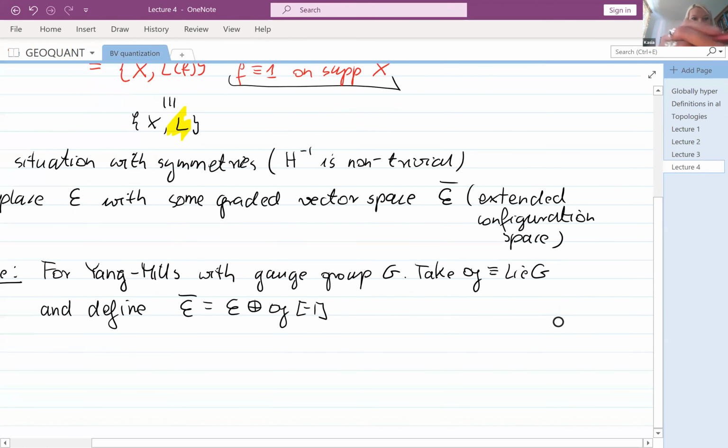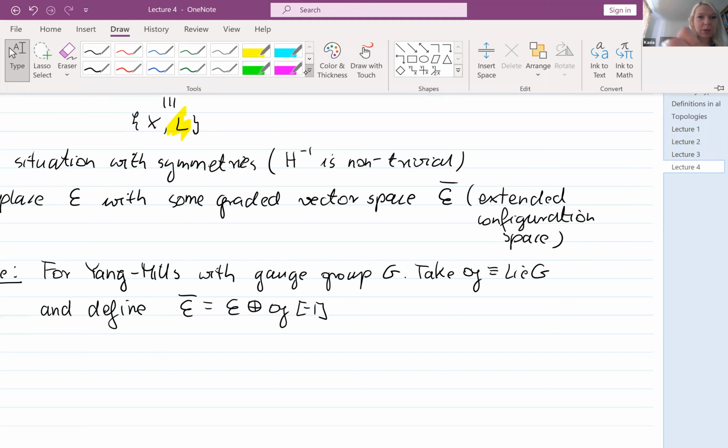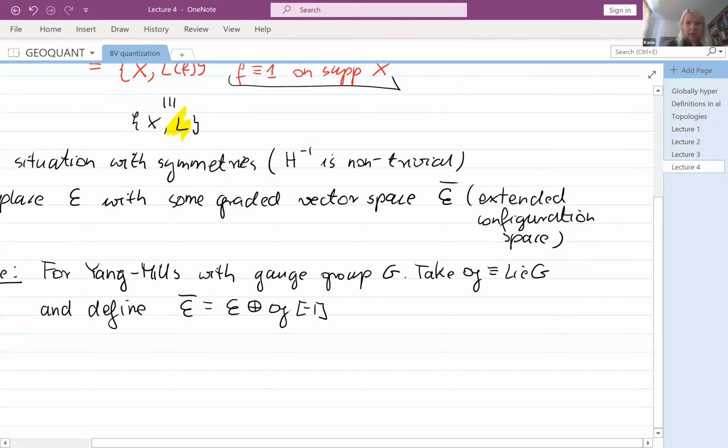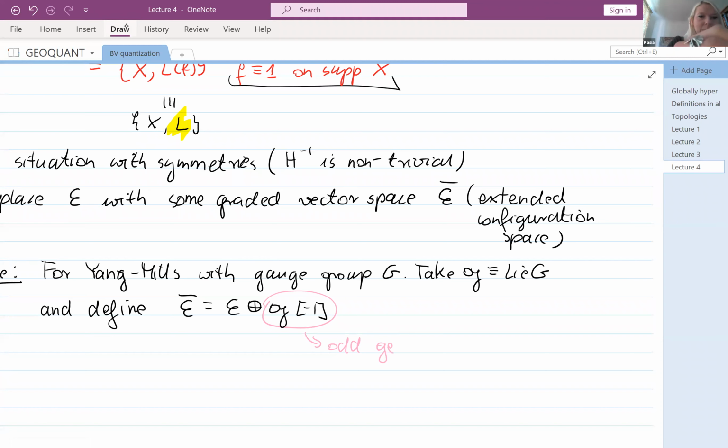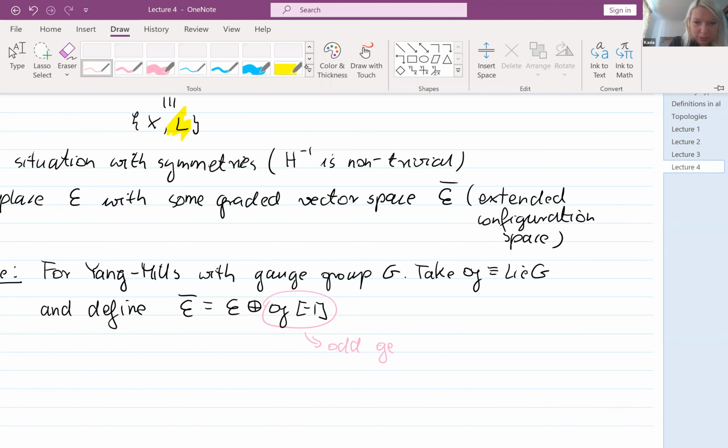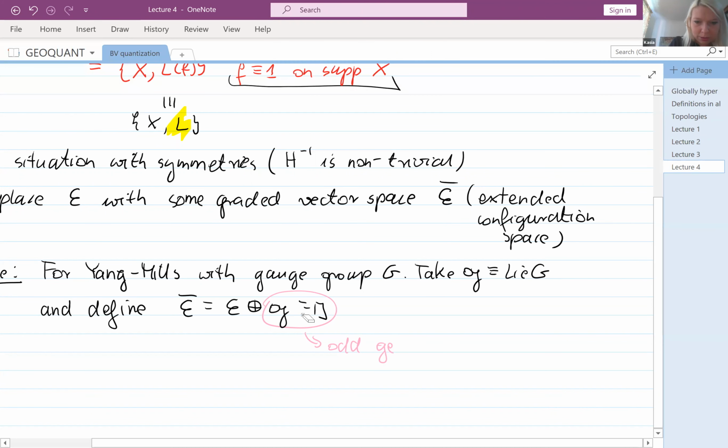So to give you some more physics context, this space is interpreted as the space of ghosts. So here, these odd generators are called ghosts. Oh, sorry, I'm really messing up the signs. So this is +1, not -1. Apologies.